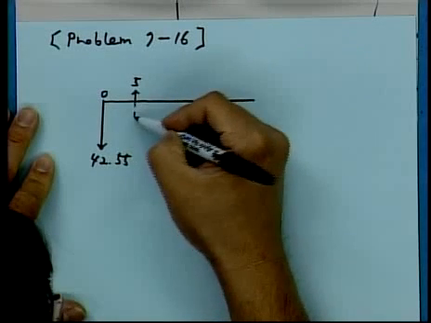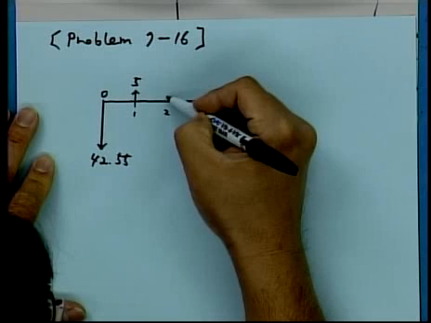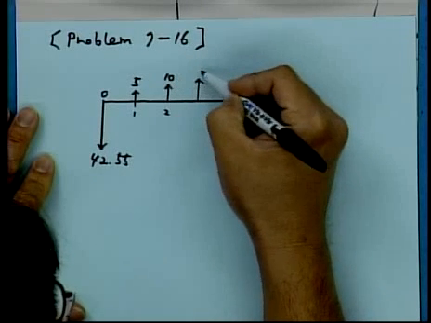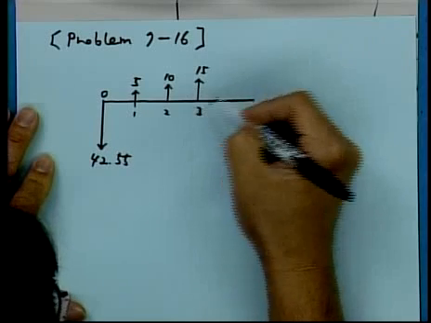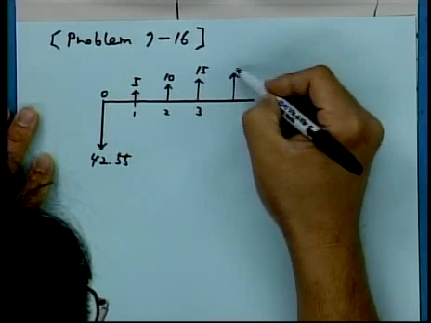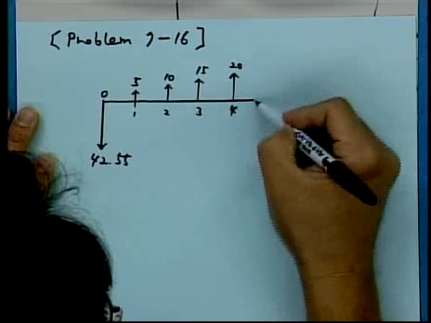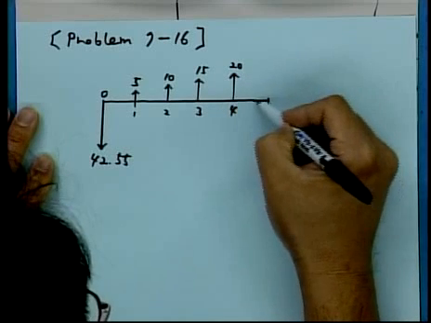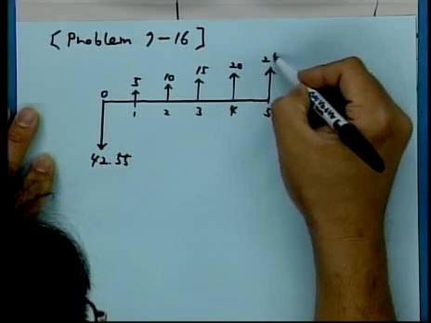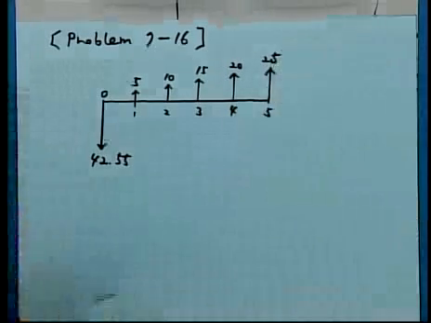And then the period 2, there is a benefit of $10. And then $15, and then the period 3, and $20, then the period 4, and then $25, and then the period 5. Okay.